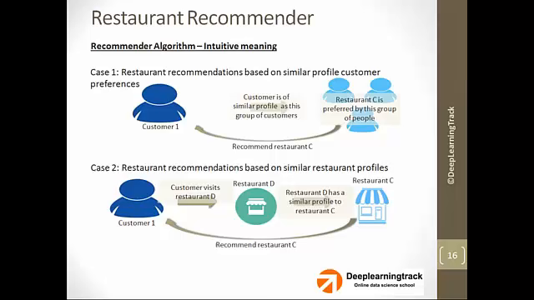Now this group of customers prefers restaurant C. Maybe the highest number of table bookings by this group of customers has been on restaurant C. So the recommender algorithm, based on this data, is likely to predict that customer 1 is likely to have a higher preference for restaurant C and thus recommend restaurant C to customer 1. So now you can see this is how we can understand the intuitive meaning behind what an algo is doing.